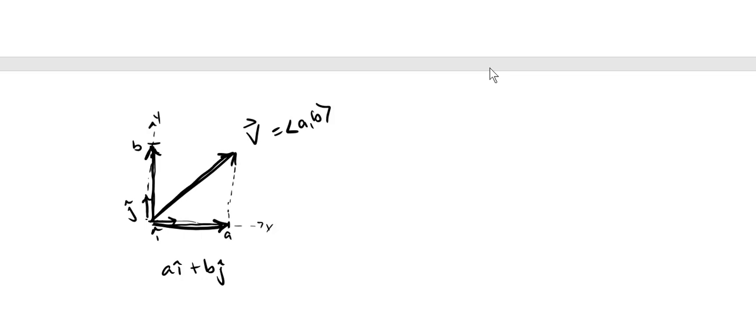By graphically adding them, putting them tail to tail, thinking of the parallelogram they form, the diagonal is this vector v.